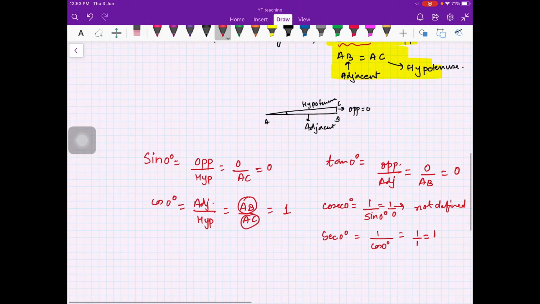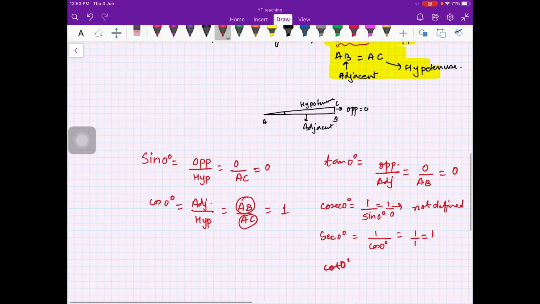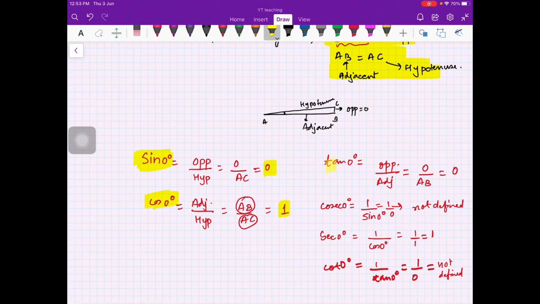Similarly cot of 0 degree is 1 upon tan of 0 degree. Tan of 0 degree is 0, so this is not defined. Fine, students. So sine 0 is 0, cos 0 is 1, tan 0 is 0, cosecant 0 is not defined, secant 0 is 1, and cot 0 degree is not defined. We will put it in our table.